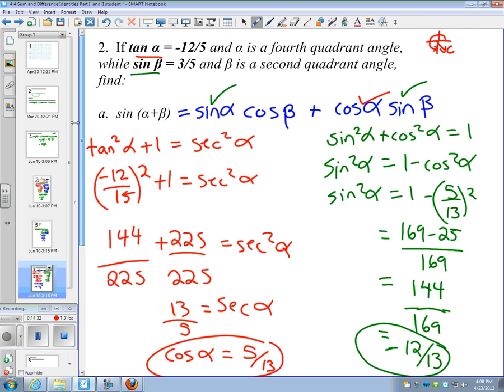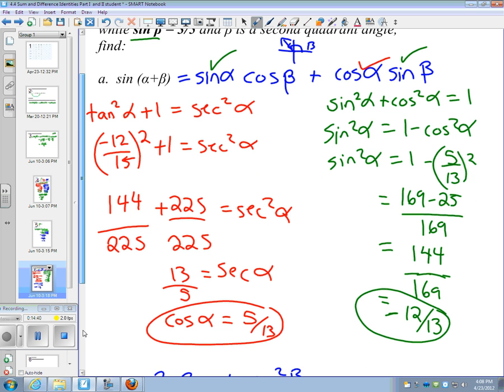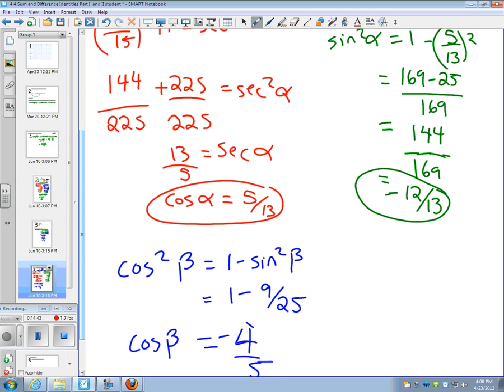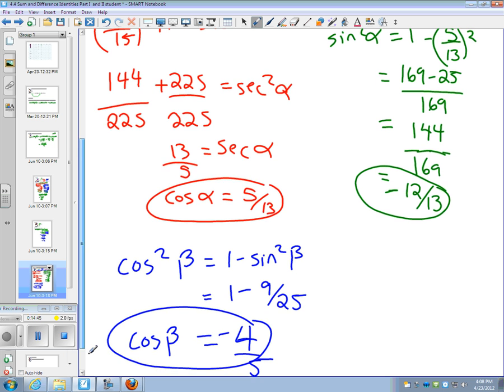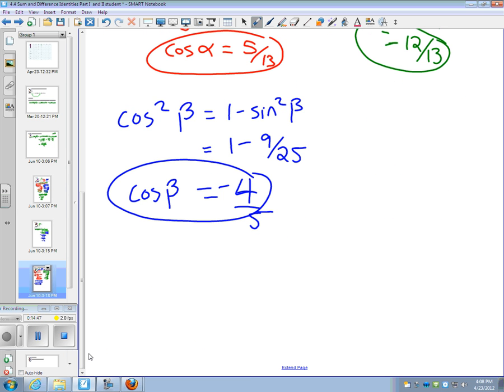Okay, where was beta again? Beta is a second quadrant angle. So it's right here. This is beta. So in that quadrant, we know that cos is negative. Okay, so now it's just a matter of subbing into that equation that we had.